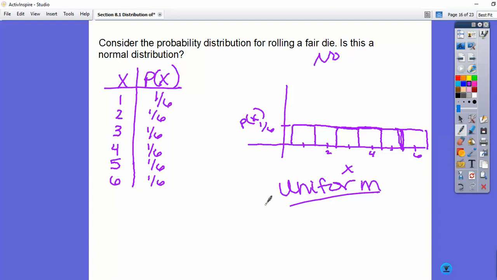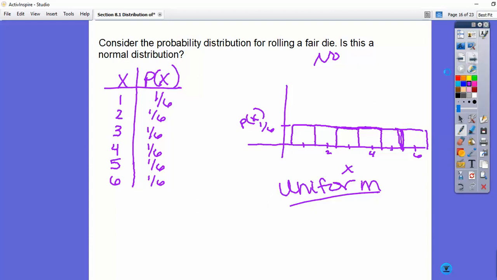Now, rolling the dice itself is not a normal distribution. However, let's say I wanted to roll the dice over and over again and calculate the sample mean.